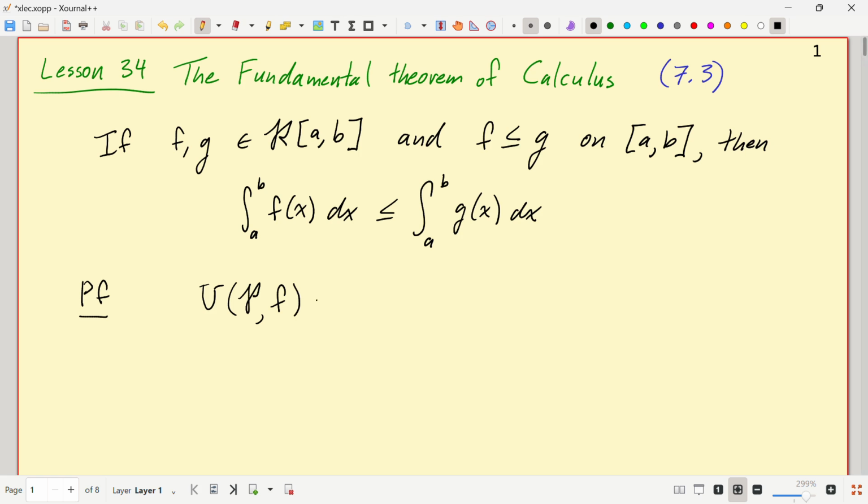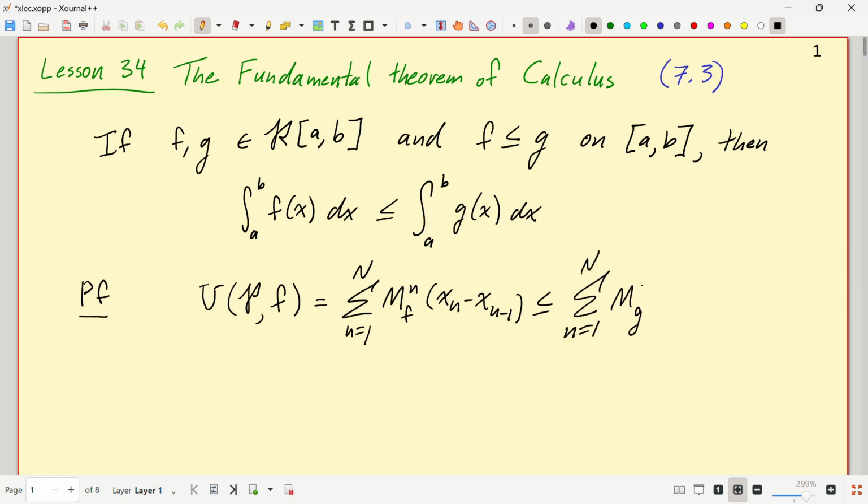That would be equal to the sum of the sups of f on the intervals times the lengths, which I'll call M_n^f. And of course, f being less than or equal to g, that's less than or equal to the same thing for the g integral for that partition, so M_n^g on the nth subinterval.